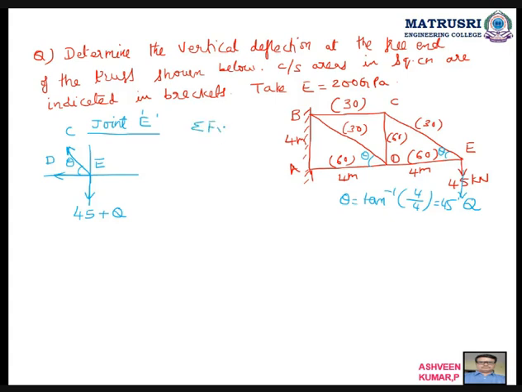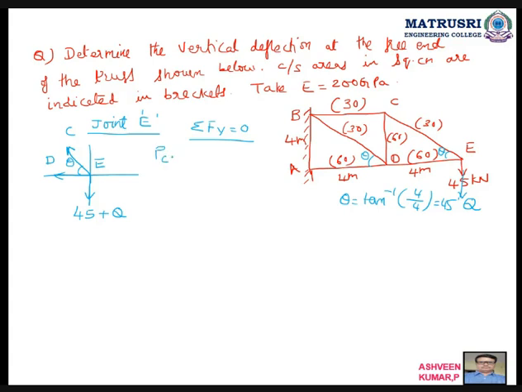So we go first for sigma Fy equal to 0. I am writing all the forces as P. This is PCE. If the angle is made with the x axis, x will become cos and y will become sin. This is upward, so positive.